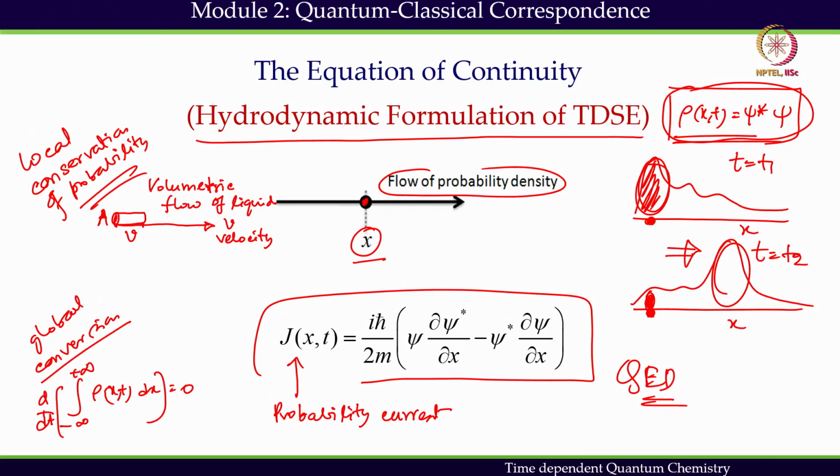This is 3-dimensional volumetric flow, but in the equivalent form in 1 dimension, the flow is nothing but the velocity, because in 1 dimension I do not have a cross section. So J, the probability current in 1 dimension, simply represents the velocity.